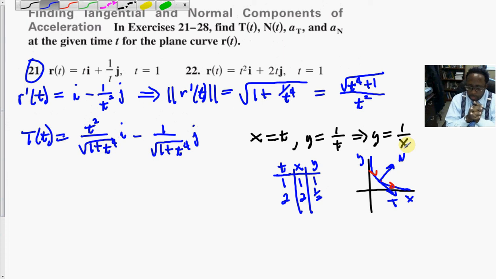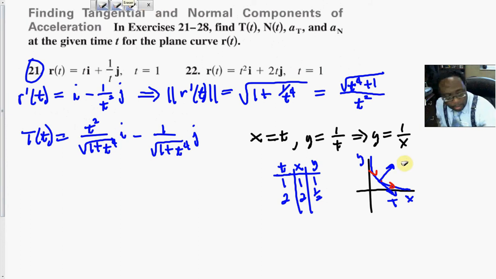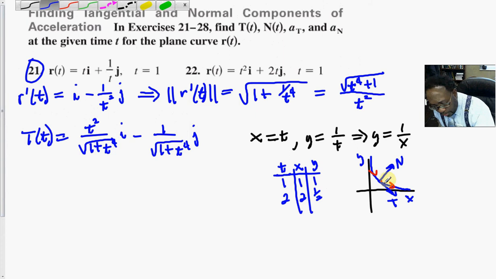So notice for the tangent vector, x is moving in the positive direction, but it's going down, so y is negative. That matches. x positive, y negative. For the normal vector, x is positive, y is positive.